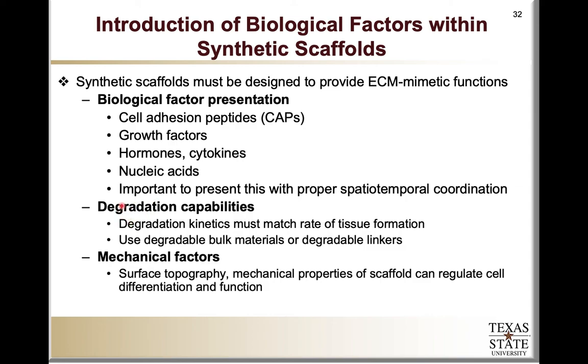Now, in order to provide that degradation capability, we can either use degradable materials as a bulk for the preparation of the whole scaffold, or we can utilize degradable linkers. Degradable linkers are what would typically be utilized for the generation of hydrogels, because we would need to utilize hydrophilic polymers that are linked through these degradable linkers.